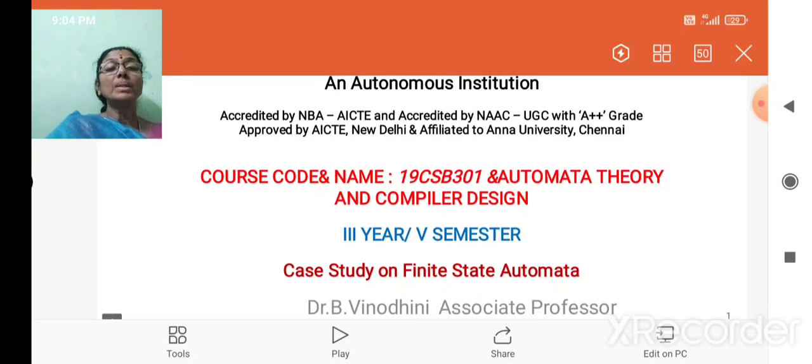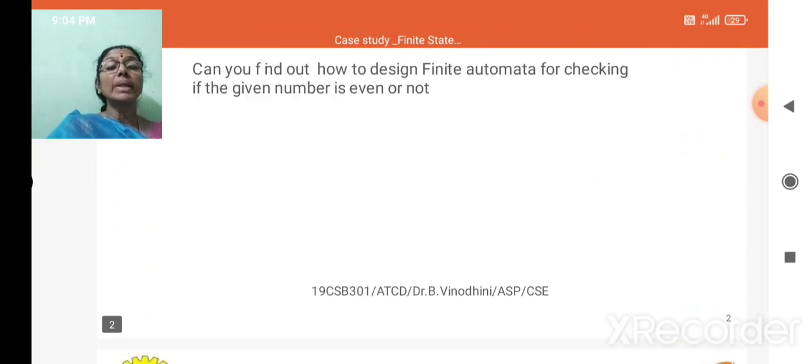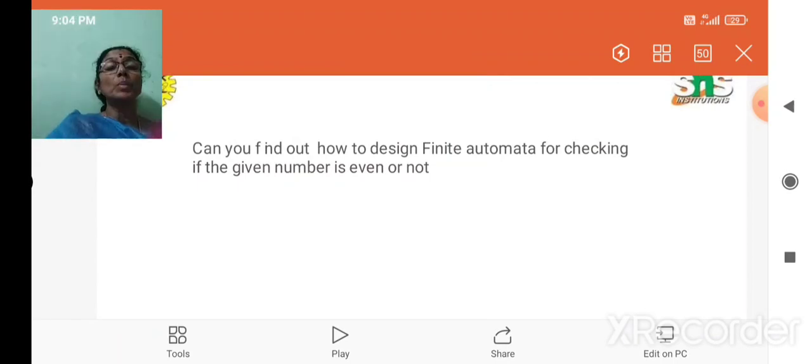For example, consider this problem statement using the finite state automata. Can you find out how to design a finite automata for checking if a given number is even or not? Suppose they give some binary number, and we have to check whether that number is even or not.